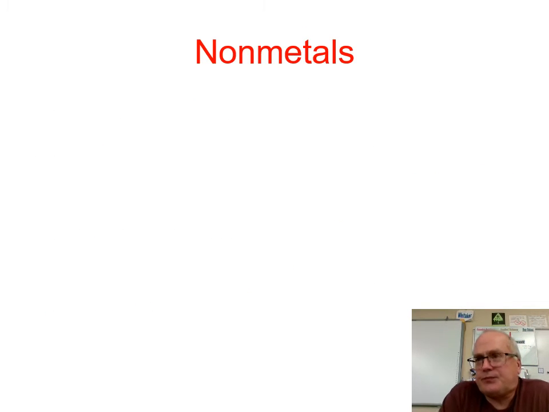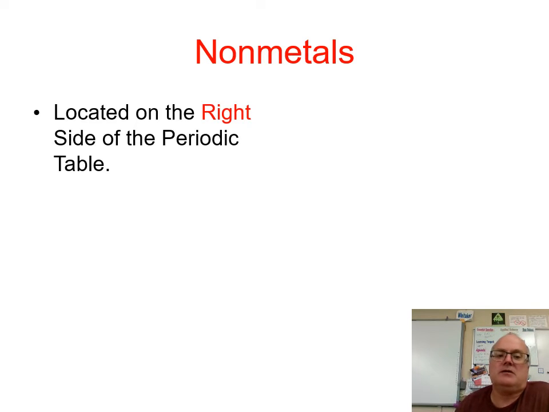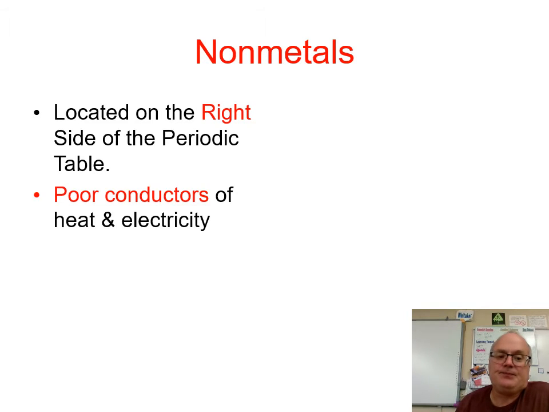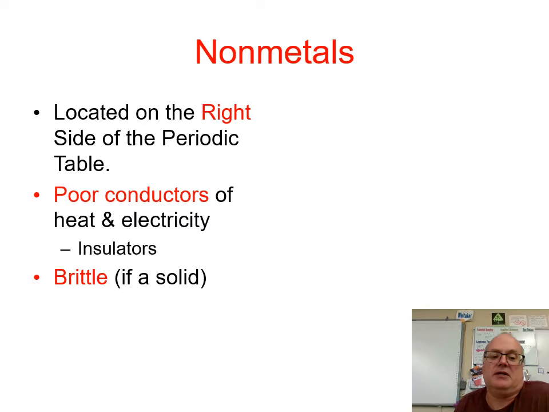The other major group here are the nonmetals. Nonmetals are the opposite of metals. So if metals are on the left of the periodic table, nonmetals will be on the right. Nonmetals are poor conductors of heat and electricity, so we make insulation out of nonmetals because they don't conduct heat or electricity.